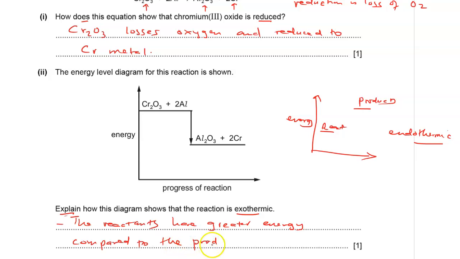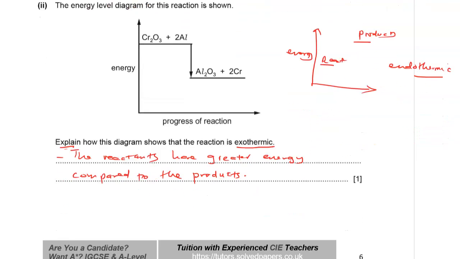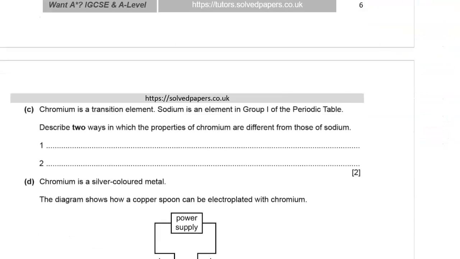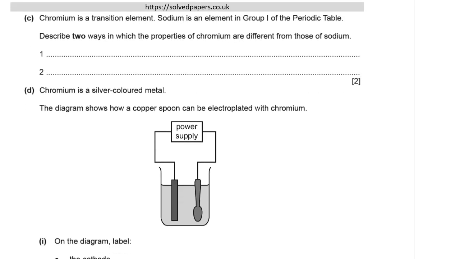So the difference in energy has been lost as heat to the surroundings, and that's why the reaction is exothermic. Endothermic reaction absorbs heat from the environment.